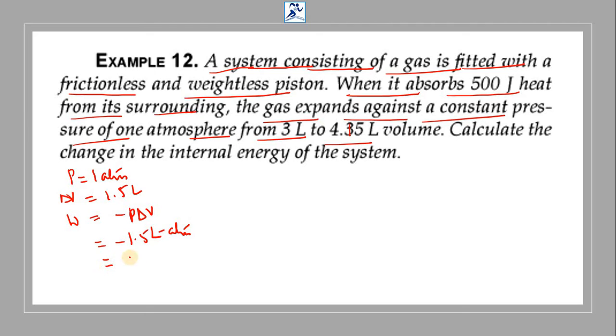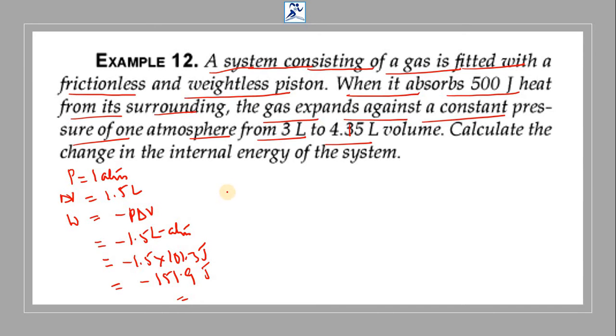Converting liter atmospheres into joules by multiplying 1.5 with 101.3 joules, you will get around 151.9 joules. This is an approximate answer.